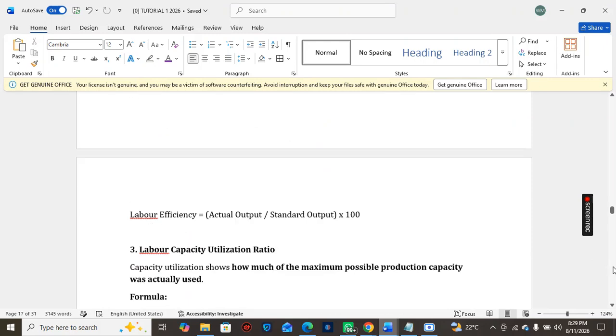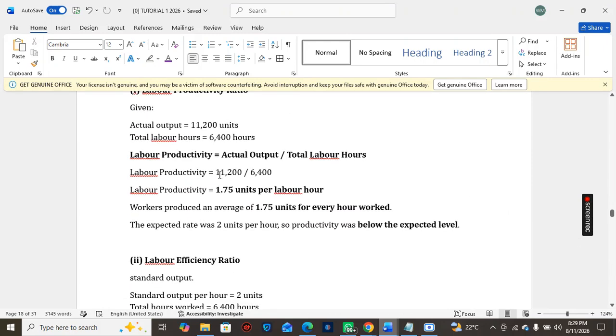So you're going to say 11,200 divided by 6,400. You're going to get 1.75 units per labor hour. This is how much is being produced per hour by the workers.